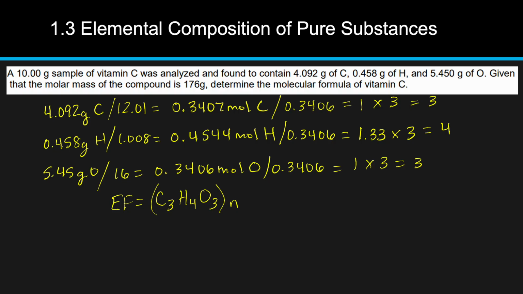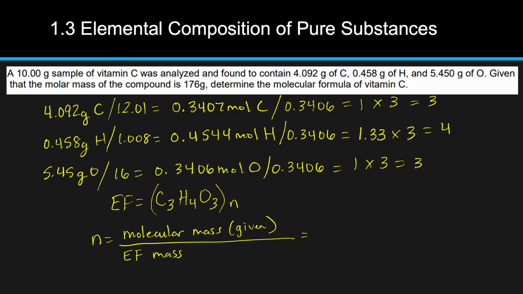In order to figure out what n is, the formula is your molecular mass, which is always going to be given to you, divided by your empirical formula mass. For the empirical formula we just found, we have to get the actual mass. Again, the molecular mass is given to you, at 176 grams.